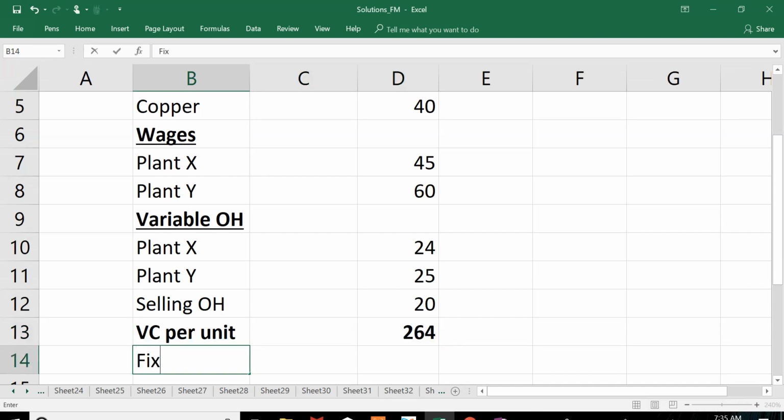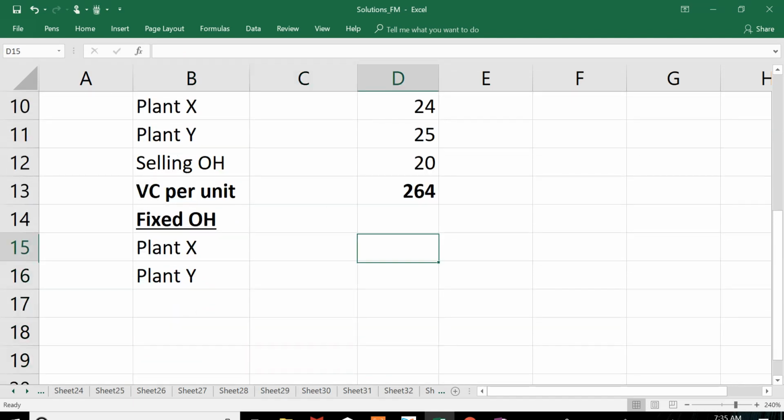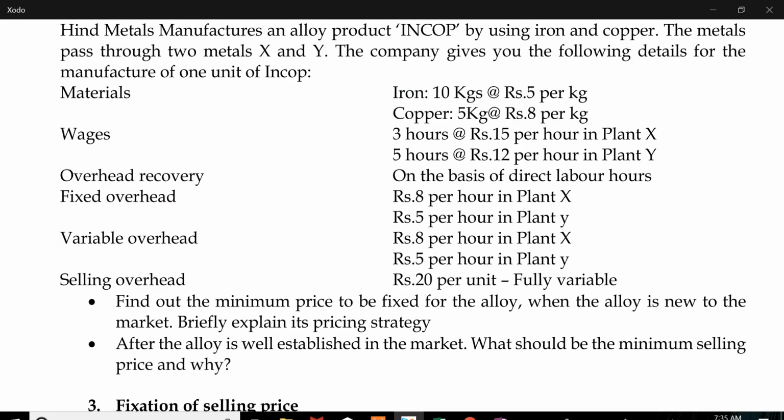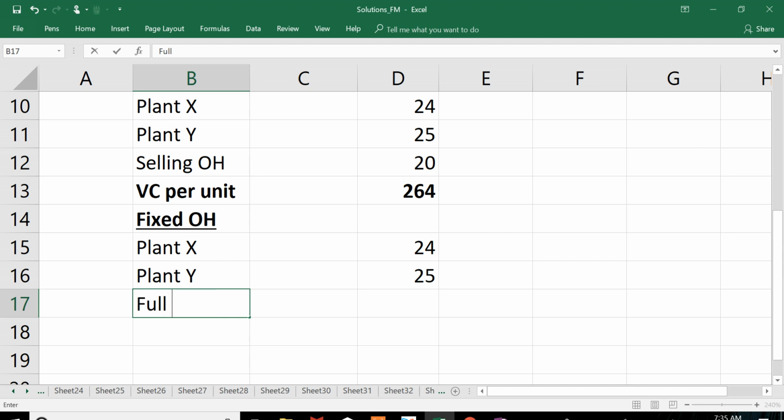Then fixed overhead, plant X and plant Y. Plant X's fixed overhead is 8 into the same 8 into 3, and 5 into 5. 8 per hour and 5 per hour. Full cost.